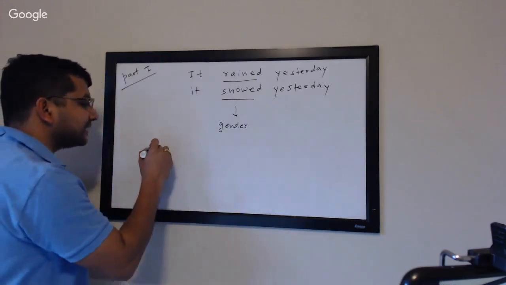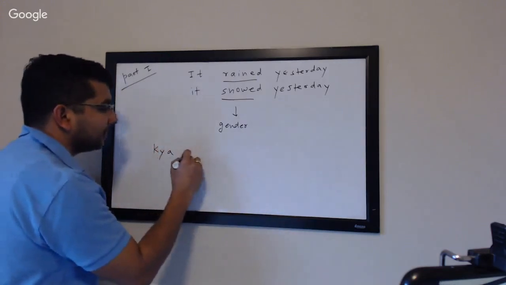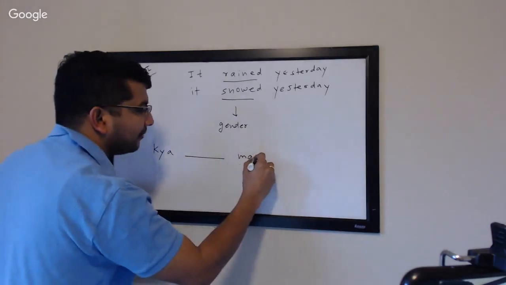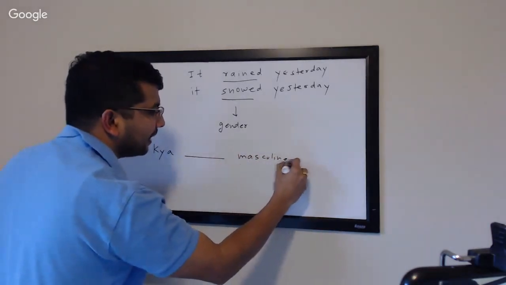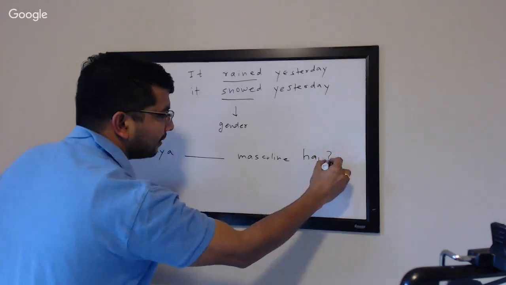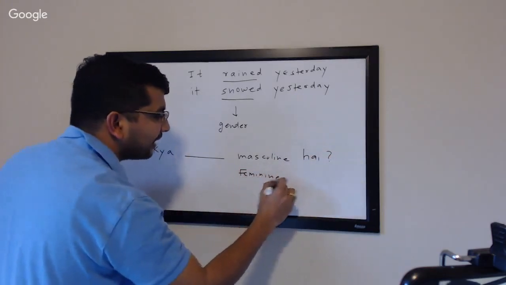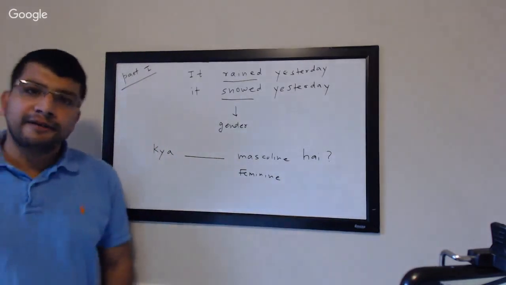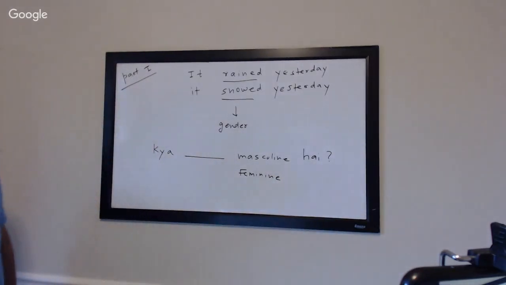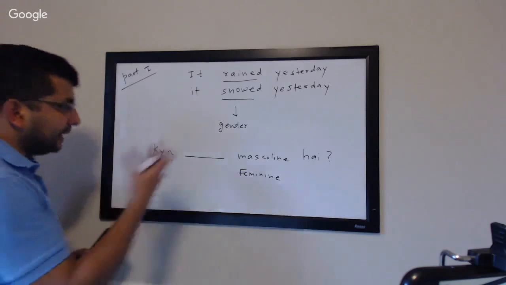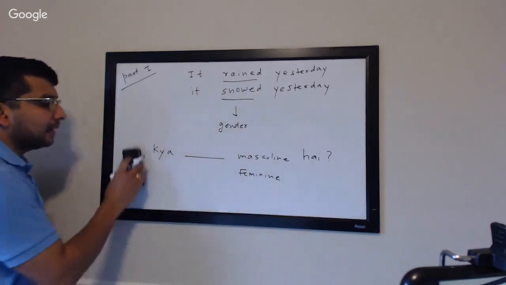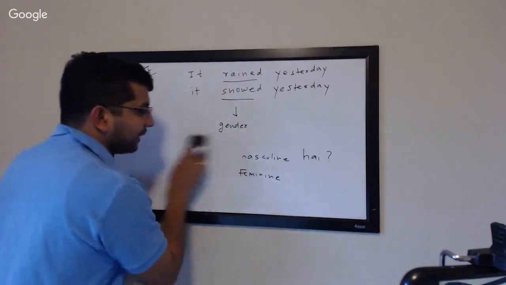You can simply say kya ye masculine hai or kya ye feminine hai. In this case I'll keep it simple. Rain is barish, and that's feminine.